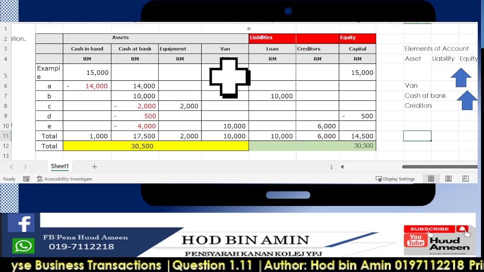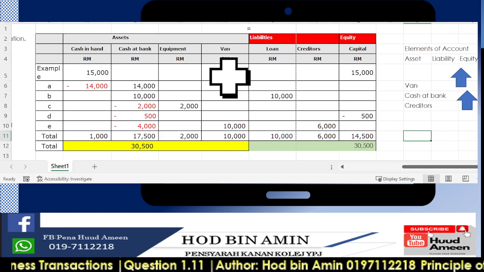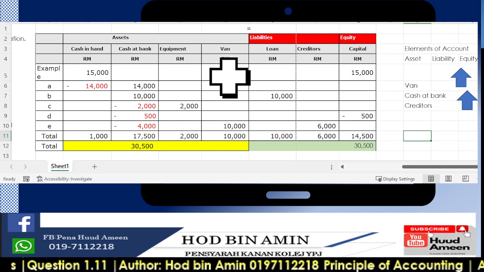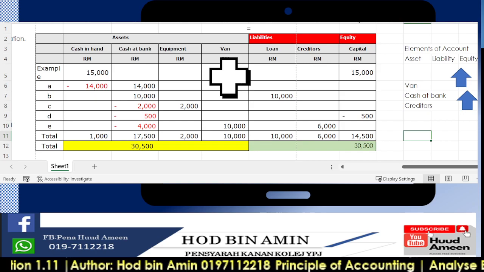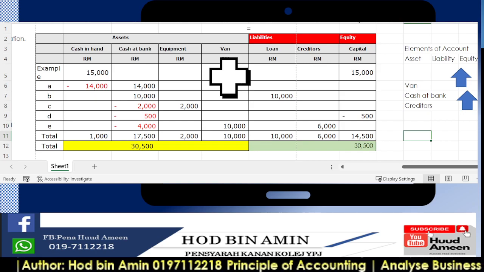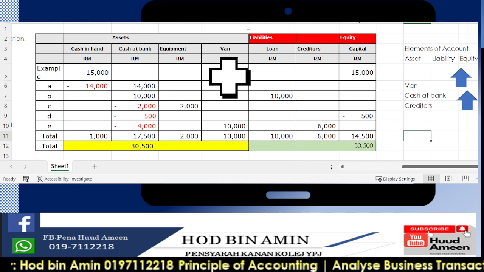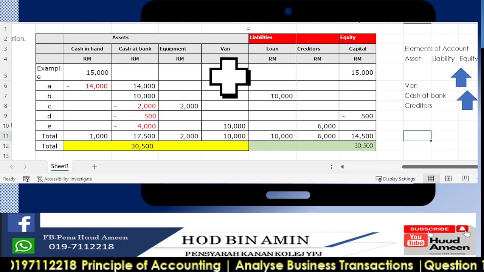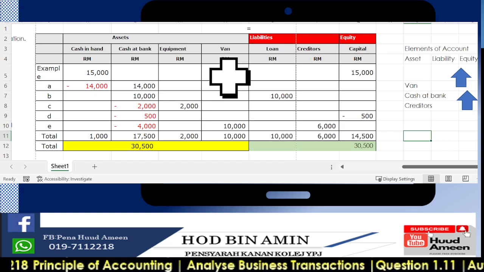But don't forget that we have to identify a minimum of two accounts from this question. Then you have to think what the effect of the accounts is, whether it's an increase or a decrease. This is much more important.